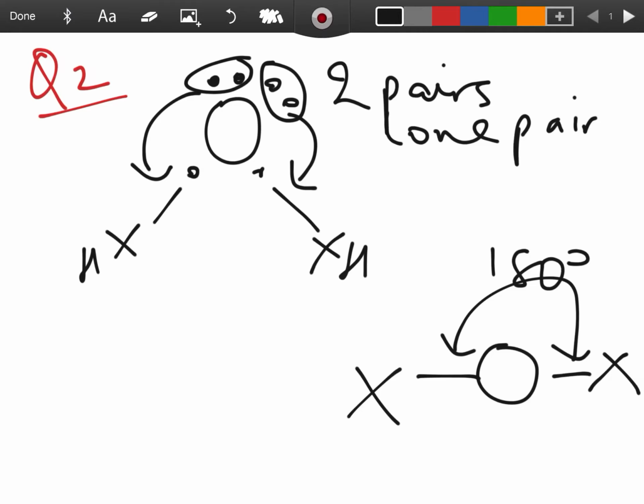But what have the 2 lone pairs done here? They have pushed those bond pairs closer together, pushed them down here. And now the angle would be 104. You explain that answer by saying that the 2 lone pairs will push the bond pairs closer together, closing in that angle from 180.